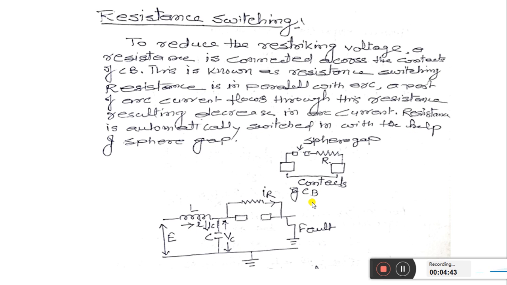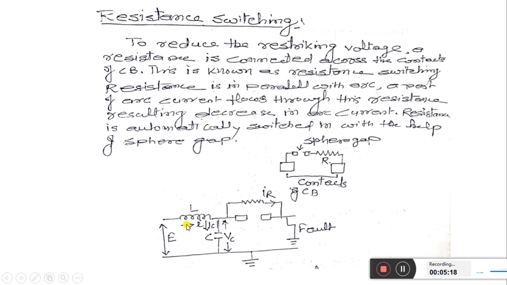Now we will derive the same type of relation, the same type of differential equation as we derived in evaluating the restriking voltage. Here the current I flowing through the inductor L is split: a part flows through the capacitor, denoted by IC, and a part flows through the resistance, denoted by IR.